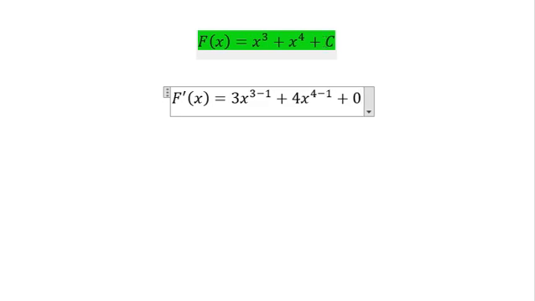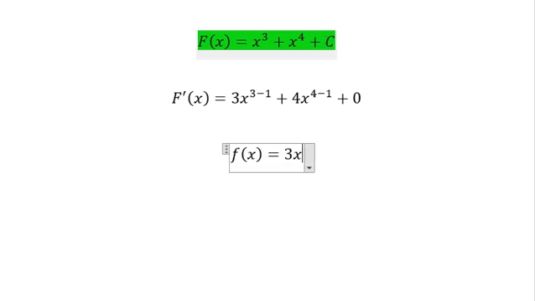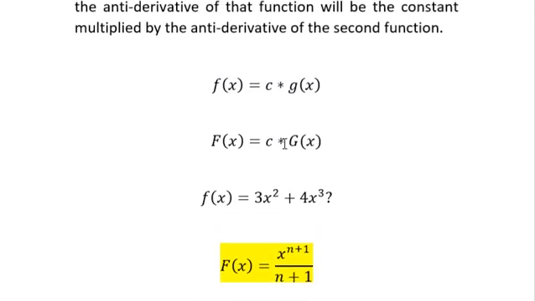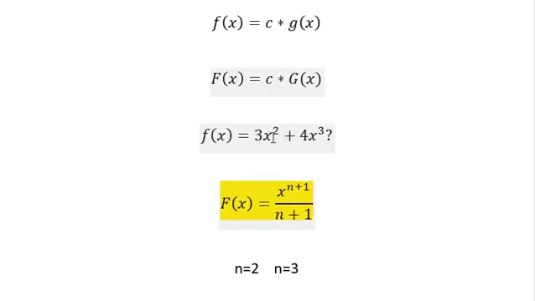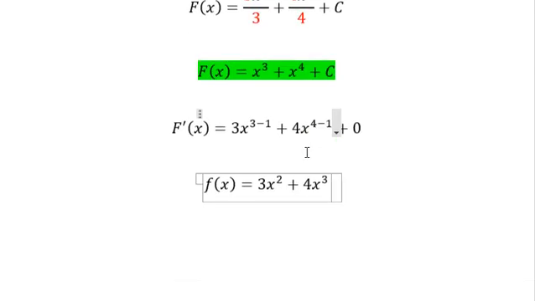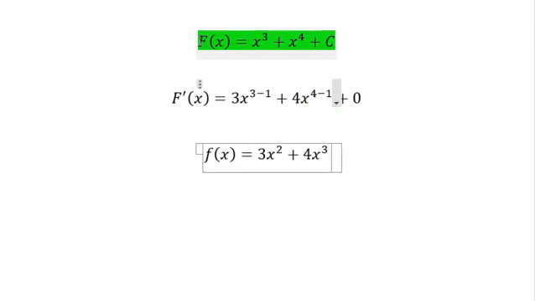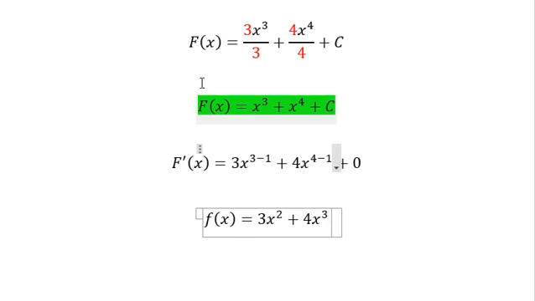If we simplify this, its derivative will be 3x to the power of 2 plus 4x to the power of 3. As you can see, we returned to the original problem. So our antiderivative is correct: f of x equals x to the power of 3 plus x to the power of 4 plus c.